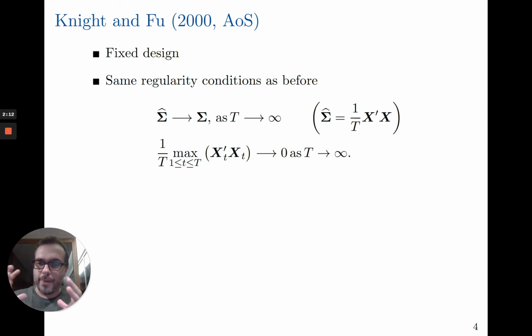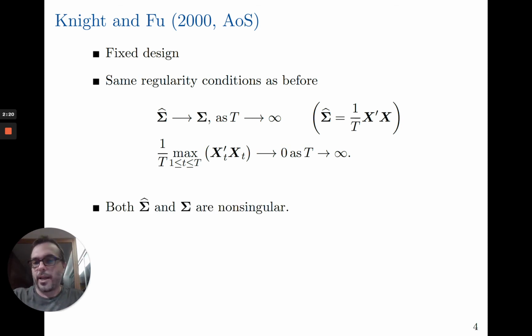So there's some kind of bounds on the quadratic variation of the X's, right? If X is stochastic, it's kind of something related to the covariance matrix of the X's. Okay? So both sigma hat and sigma are non-singular.